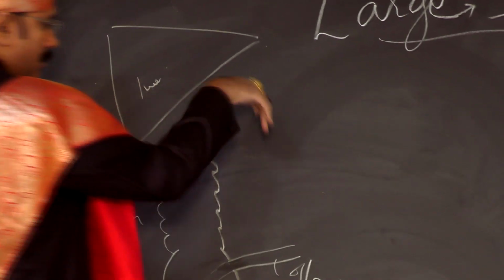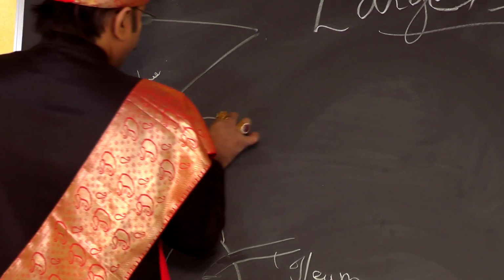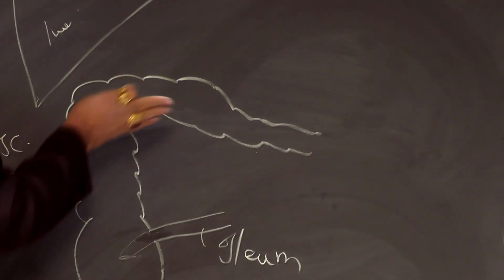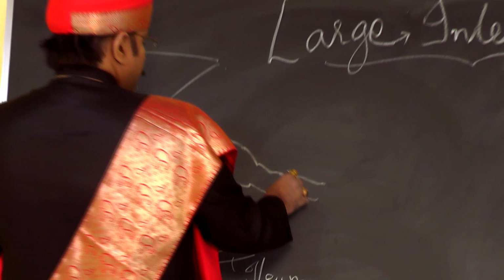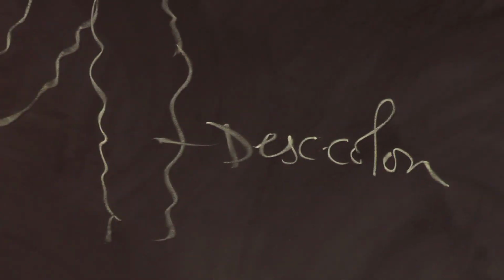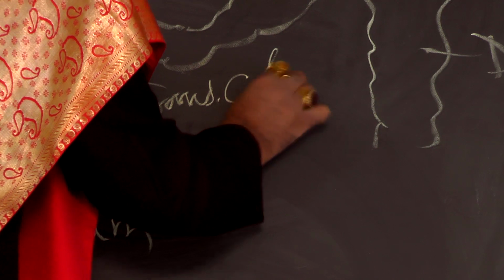The ascending colon forms a fold and turns to the left side, where it forms the transverse colon. The transverse colon again bends on itself, and that is what you call the descending colon. Here we have the descending colon, and this is the transverse colon.